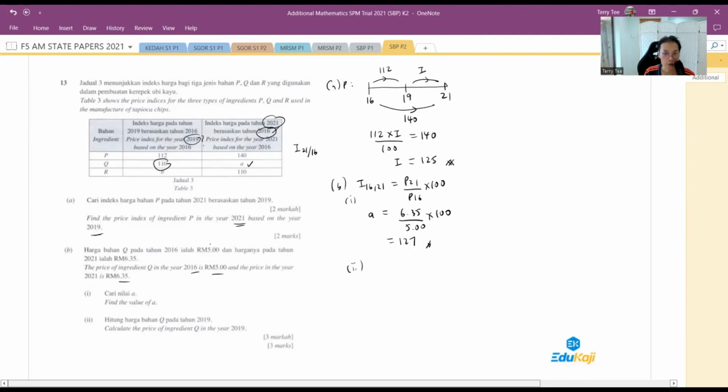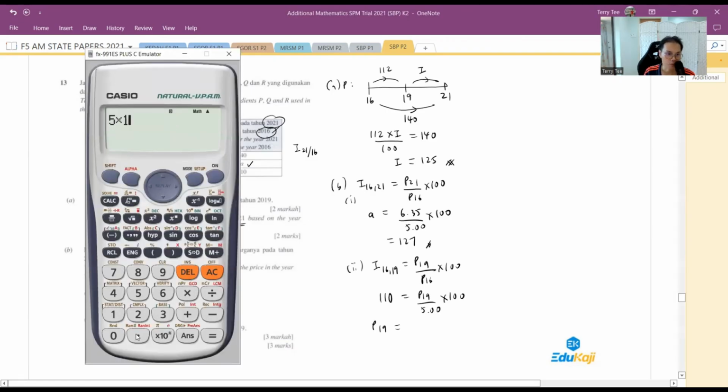Price in 2016, I already have it. Let me write down the formula. I 16/19 is P19 over P16 times 100. This one is 110. P19, I don't know. P16 is 5 ringgit. So basically 5 ringgit times 1.1 is 5 ringgit and 50 cents.